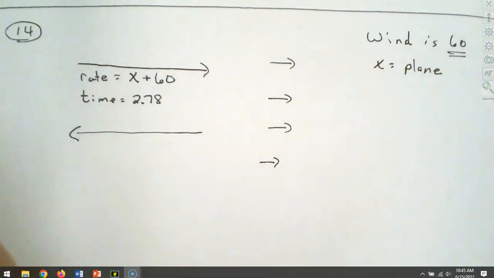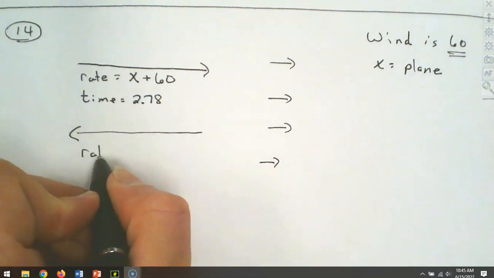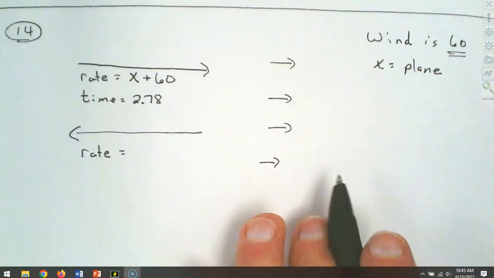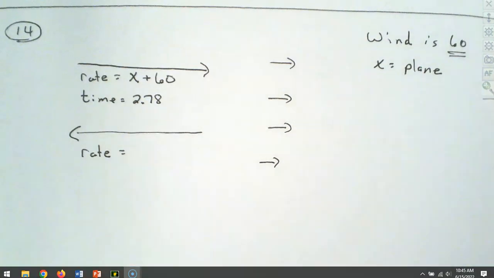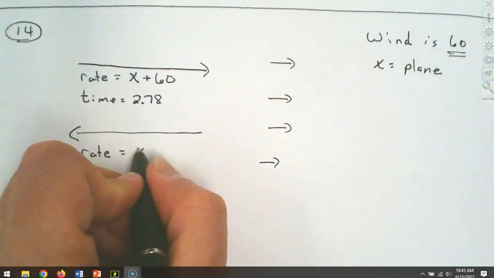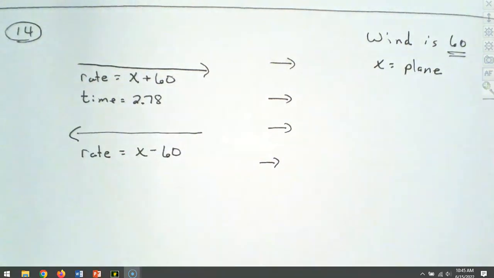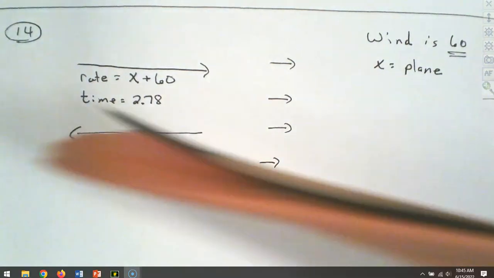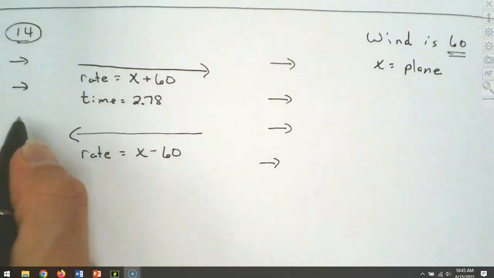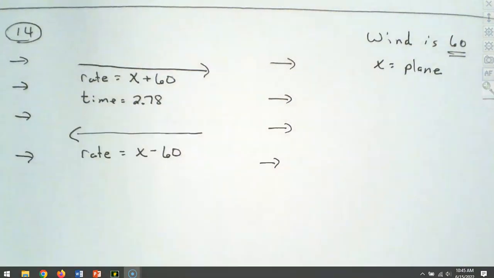Now, when we come back, what's happening to this airplane? Well, when we come back, the wind is going in this direction. It's going to force it backwards, and so its rate is going to be x minus 60, right? I should put the wind over here too, just so you can see. Here's your wind. Your wind's going to either increase it or decrease it by 60.